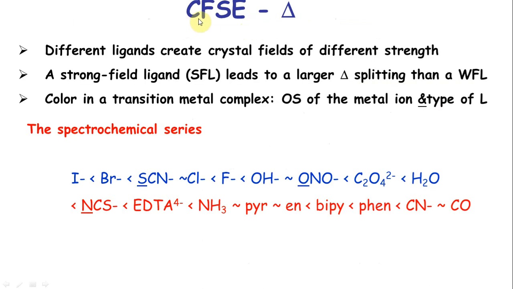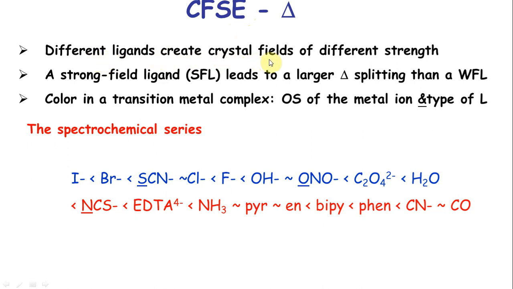Let's look into CFSE, crystal field stabilization energy. When these degenerate orbitals are separated in the ligand field, you gain some amount of energy and you lose some amount of energy. What is the net stabilization energy? A couple of things you want to know.